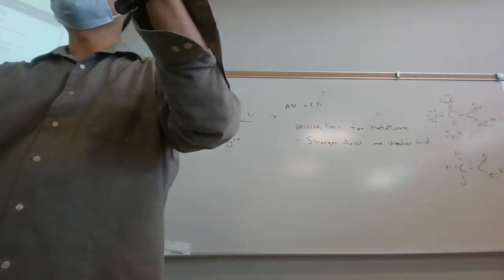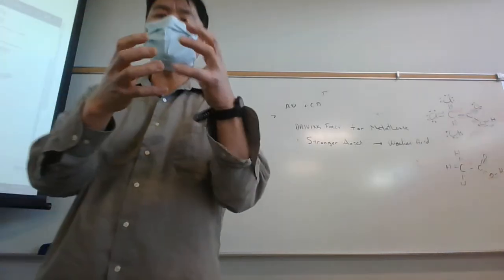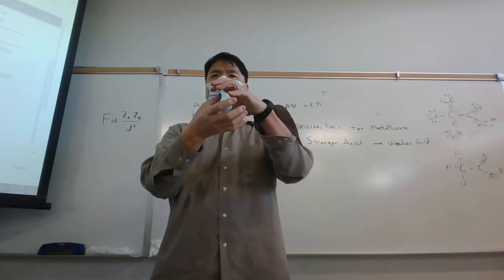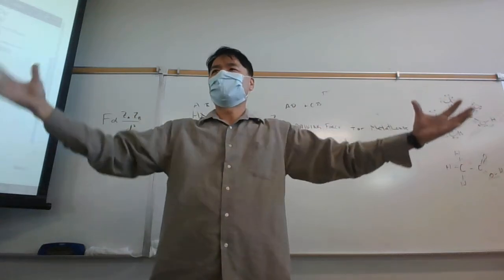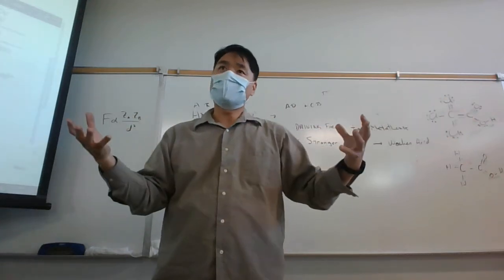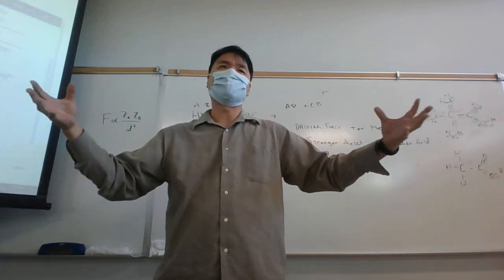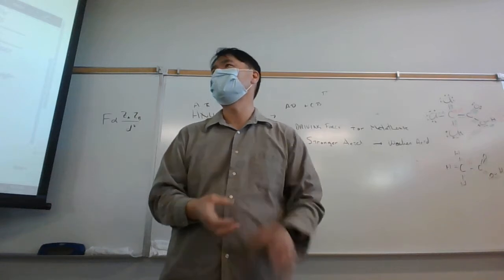Both of them are -1 charge, but in a tiny ion, that negative charge is concentrated in a small volume. In a big ion, the -1 is spread out over a large volume. And so which one's going to be more reactive? A small or a big -1 ion? A small one. Small one is going to be much more reactive.